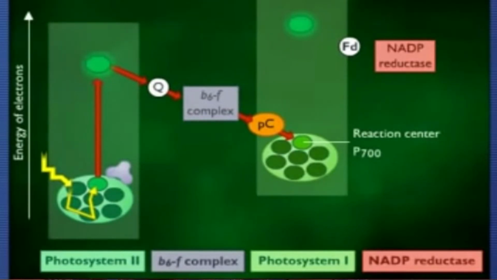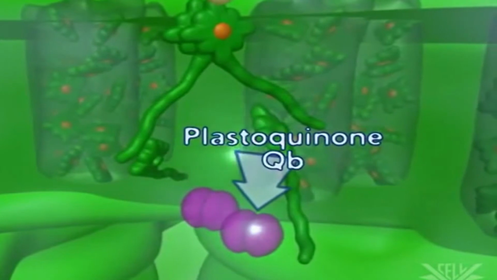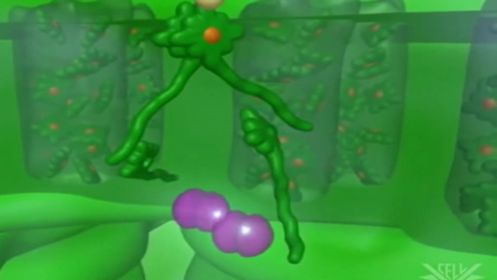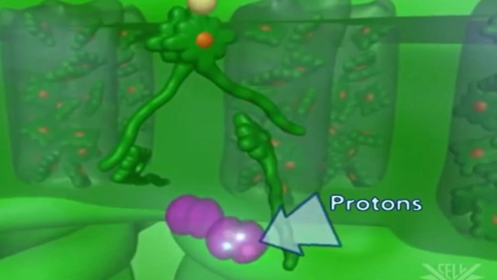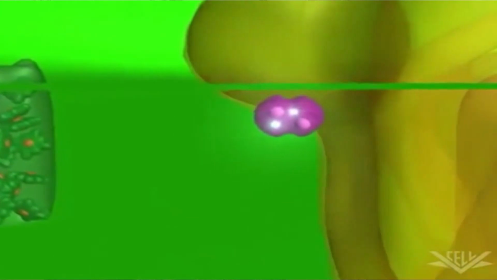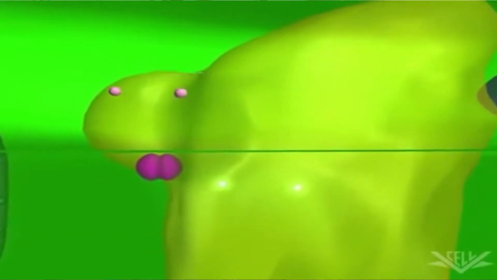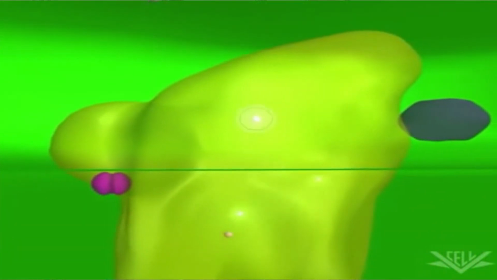During this movement, it can capture one proton from outside. It catches one proton from outside, then when it approaches the cytochrome complex, it releases the proton. So a proton, an H plus ion, is transferred from the outside stroma to the lumen of the grana.